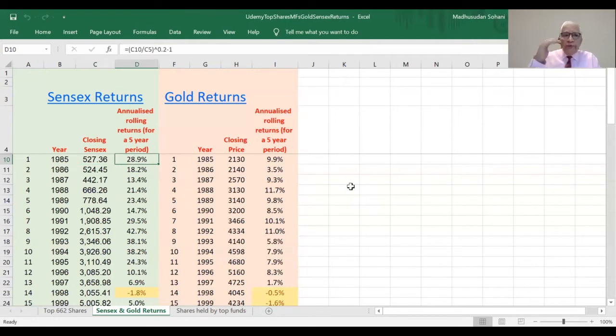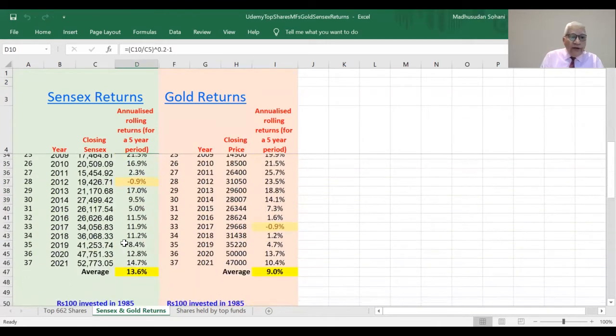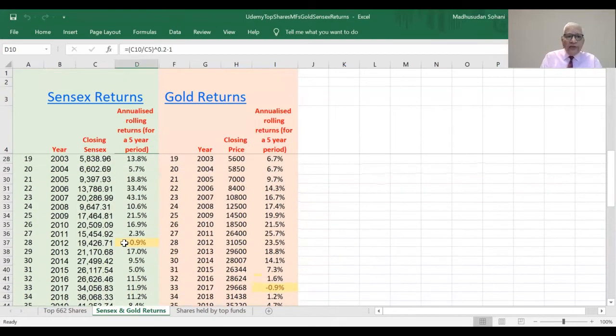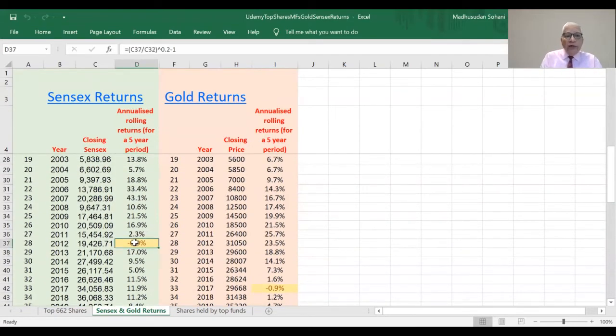So these 5 years, 1980 to 85, have given an annual return of 28.9%. If you see 5-year periods at a time, rolling annualized returns, out of 37 occasions, the rolling returns have been negative only on 3 occasions.